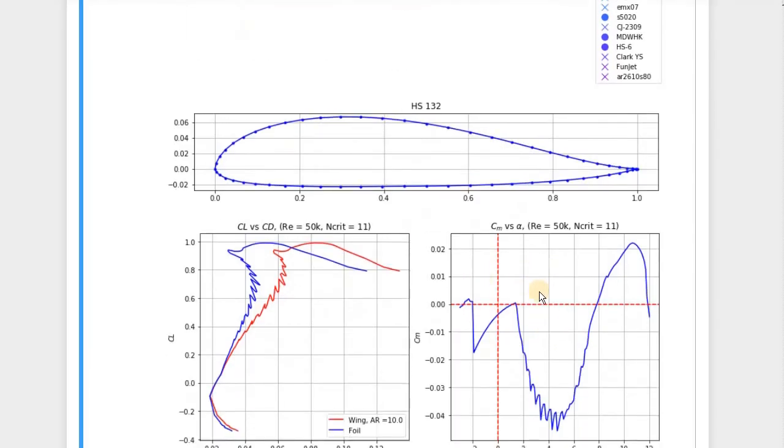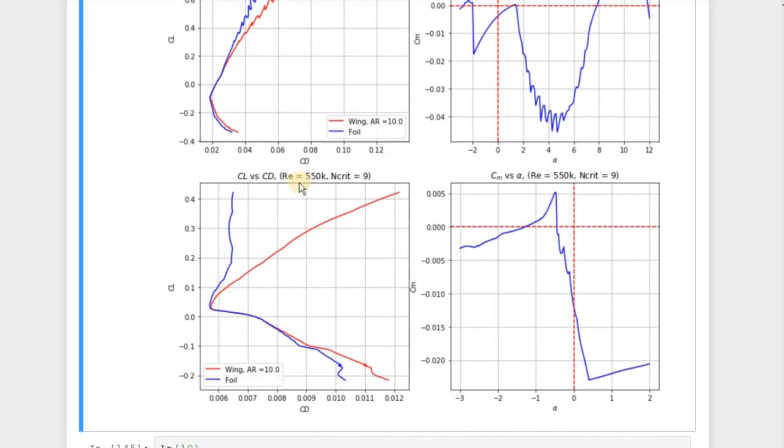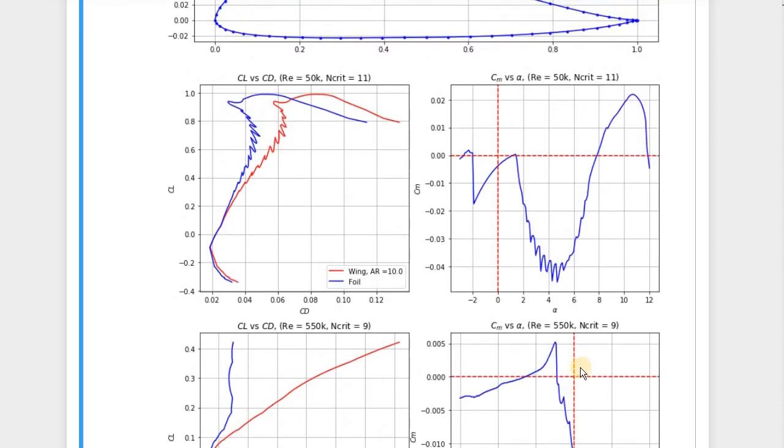Here are the polars, the lift coefficient versus drag coefficient, and here is the momentum coefficient with respect to the alpha for the low Reynolds number 50K, and here are the results for the high Reynolds number, high speed, 550K. Once again, those are polars, and this is the behavior of momentum measured on the quarter of the chord, the usual conventional point.